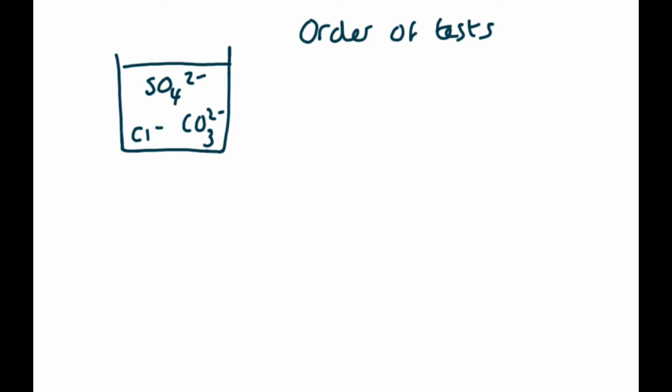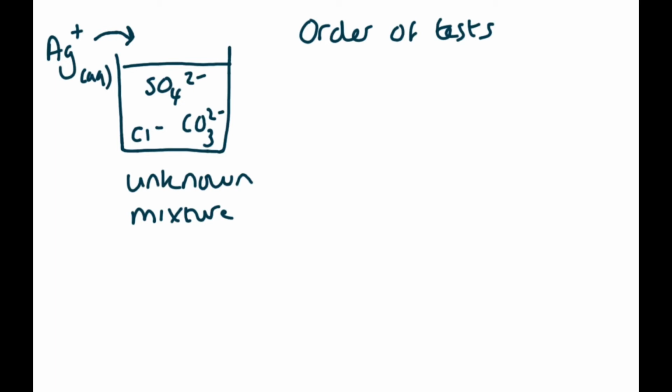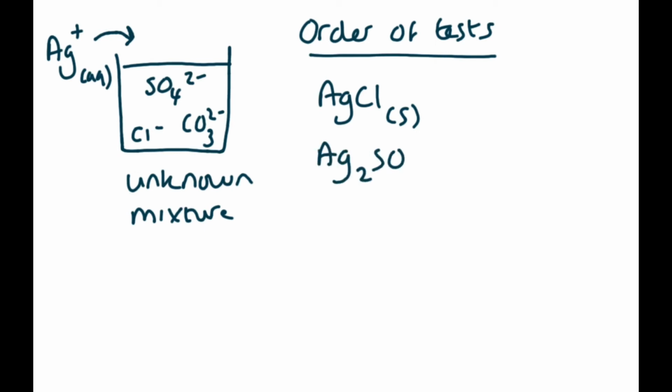So we've got 3 tests. Which one should we do first? Now, if we do the test for halide first, so let's say we add some silver ions to the unknown mixture. Remember, this is unknown. We don't actually know what's inside. Say if we add some silver ions first, and we're hoping for a silver chloride precipitate, but silver sulfate is also a precipitate, and silver carbonate is also a precipitate.